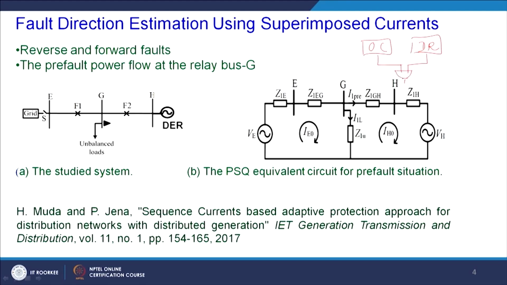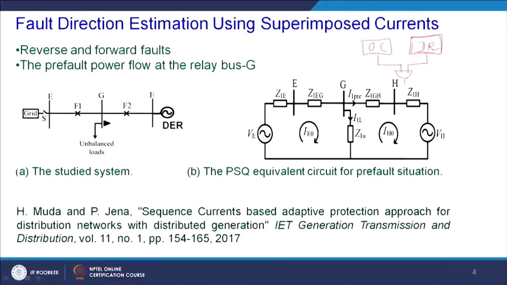Here we are not going to use only the decision of the overcurrent relay to decide whether this is a faulty section or not, but we also have to add the decision of the directional relay, that is the DR, directional unit. If both the relay outputs are 1 and 1, then the final output is going to be 1. So, we have also proposed a new scheme for this directional unit.